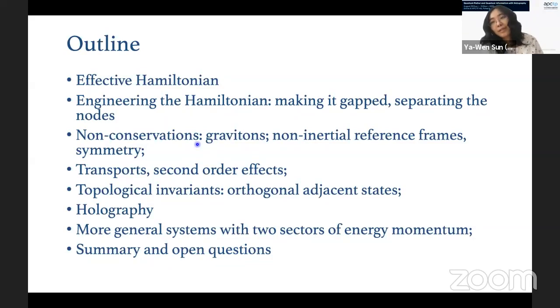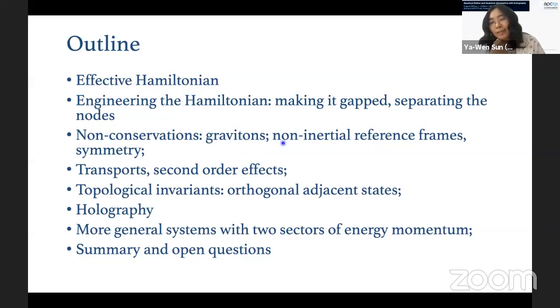But there's a related question: how could these terms arise? Why should the energy momentum tensor become non-conserved, and what caused this non-conservation? Our answer is that it can be caused by a gravitational field, a very small gravitational field.